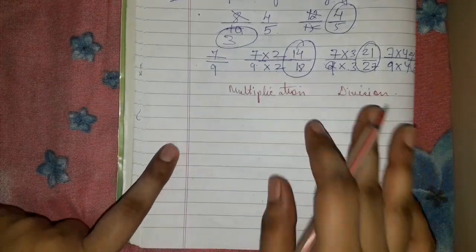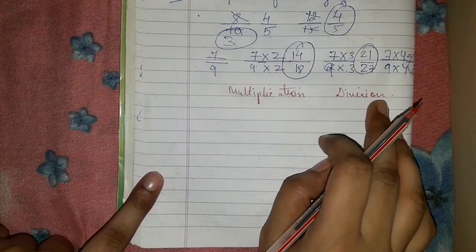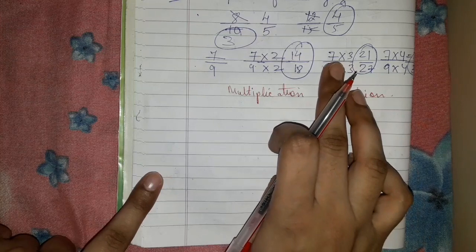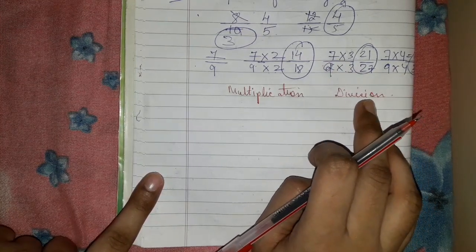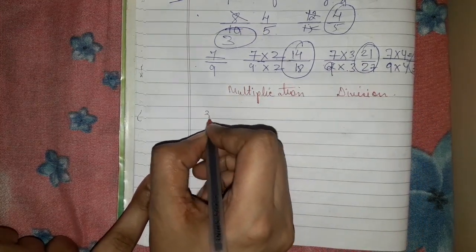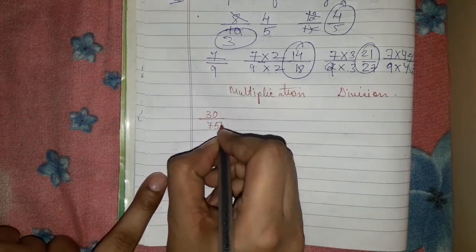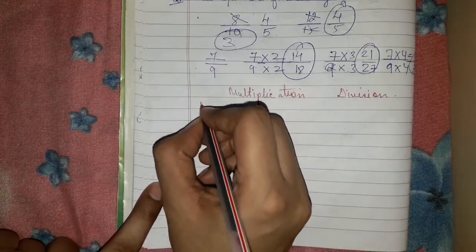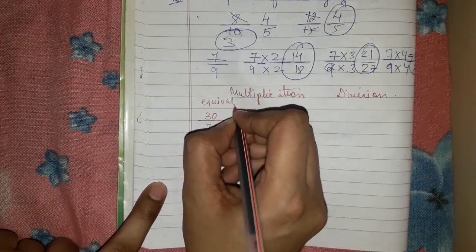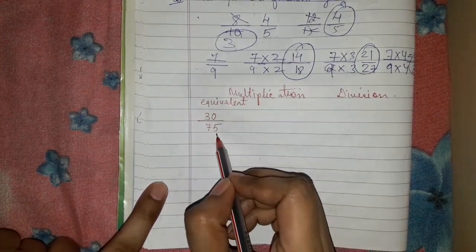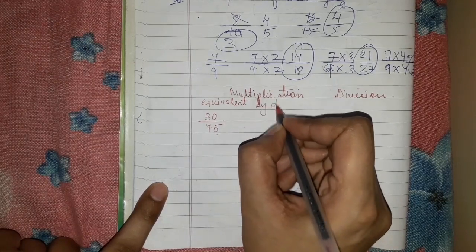Now for division, suppose we have to find the equivalent fractions with the division method. Suppose the numerator is 30 and the denominator is 75. Now I have to find equivalent fractions of this fraction by the division method.